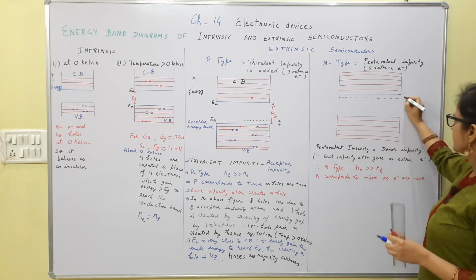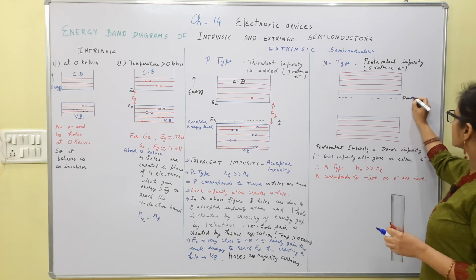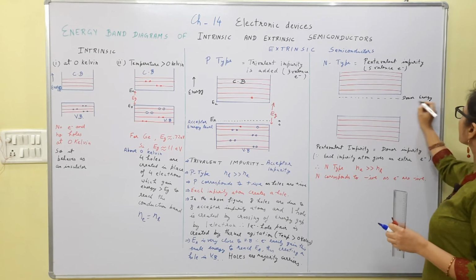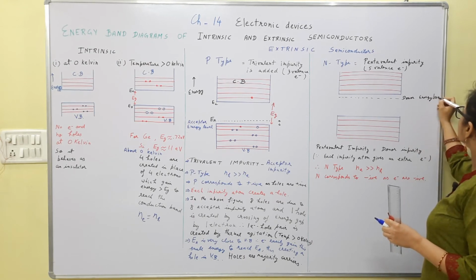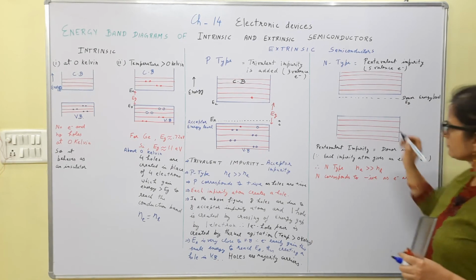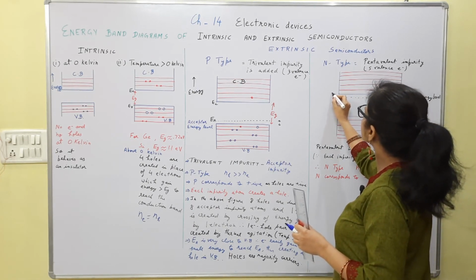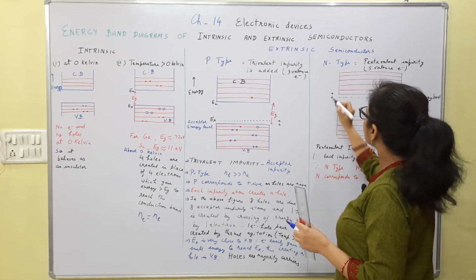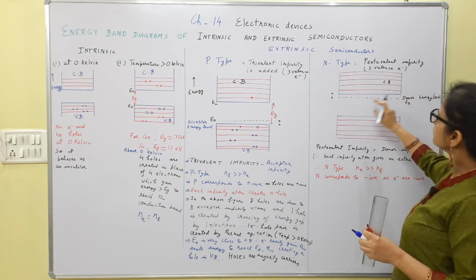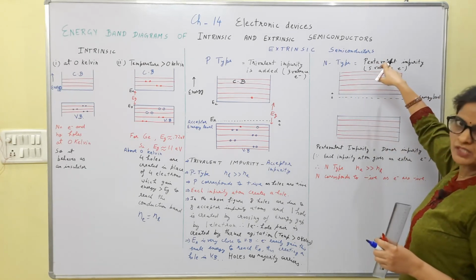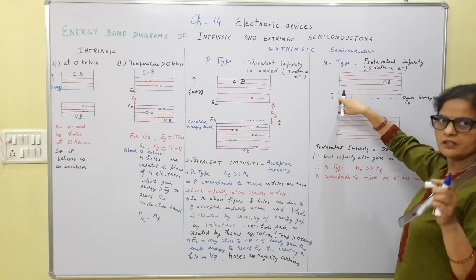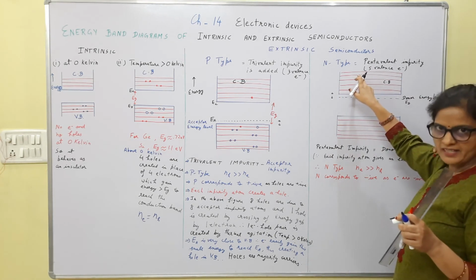This is called as donor energy level, and this is denoted by ED. This energy gap is very small. So each impurity atom is giving an extra electron which is easily reaching the conduction band due to this very small energy difference.